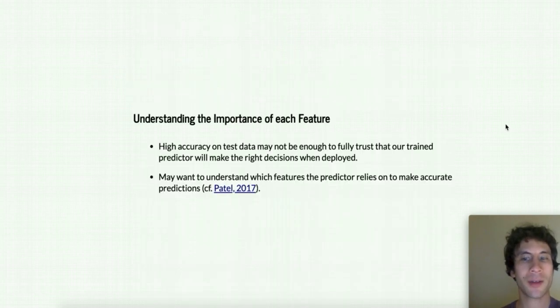Now we're going to shift gears slightly and study feature importance. Often, high accuracy on some test data may not be enough for us to really trust that our trained predictor will lead to the right decisions when deployed. We might also want to understand which features the predictor relies on to make accurate predictions. It's not uncommon that a dataset contains spurious correlations due to how it was collected, or it has some sampling bias.